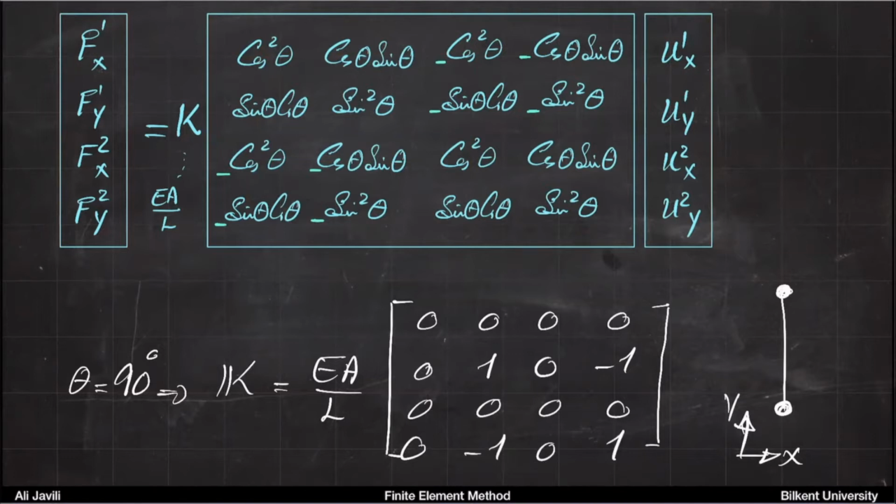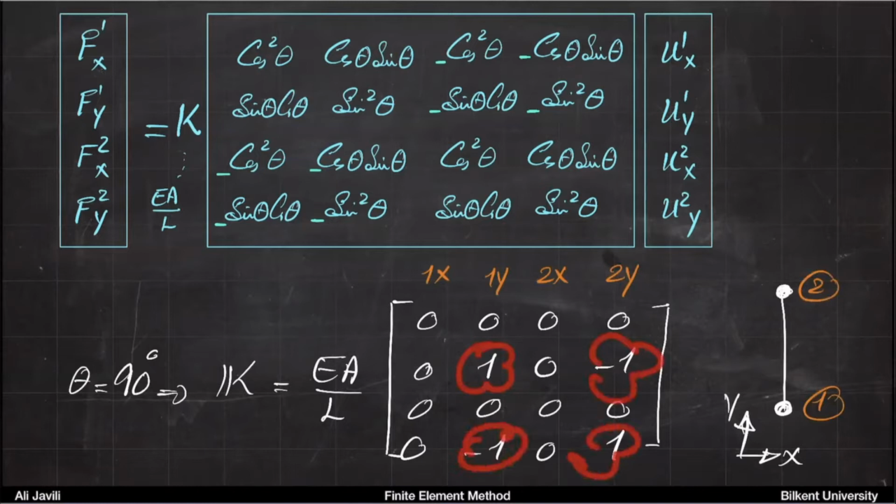Again, I want to connect this to what we had previously. You should try to think of these 4 rows and columns as indications of positions of the nodes and their directions. So if this is node 1 and this is node 2, you can imagine why you get those 4 components here, because they connect only the y directions.